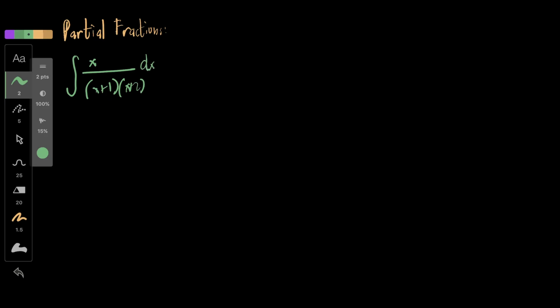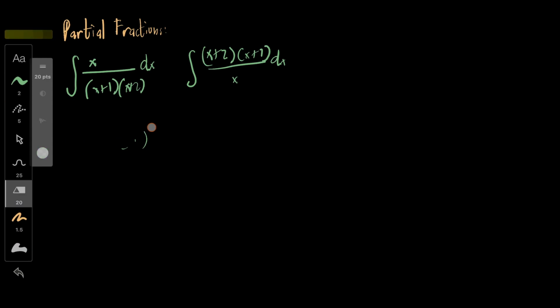Now, normally if it was something like x plus 2 over x times x plus 1 dx, that would be more manageable since we could split it apart, and we could work something out from there. But in this, we don't have that choice.